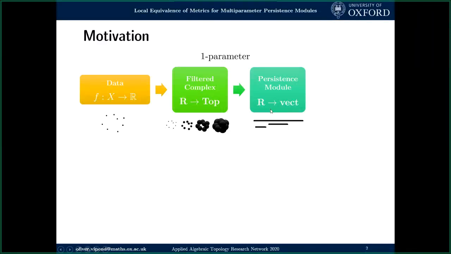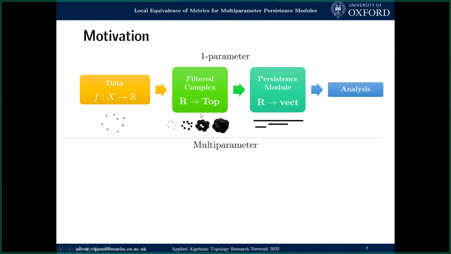Now, a key aspect of single parameter persistence is that all of these single parameter persistence modules have this decomposition as a series of bars, and this is known as the barcode of a one-parameter persistence module. And if we have lots of data sets and lots of persistence modules, we might want to analyze their differences and compare them with metrics.